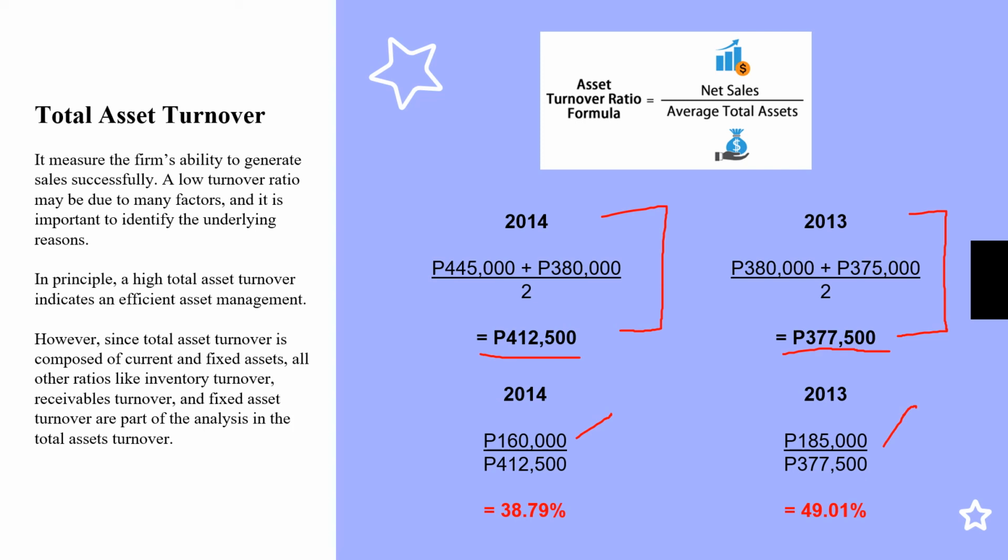So maybe meron konting inefficiency on the part of the firm, or there is a problem to any of its assets such as inventories, receivables, fixed assets, etc. Okay? So dito, the more na mas mataas, in principle, mas maganda daw. Okay? But since, sabi natin kanina, composed ito ng current and fixed assets, so we need to compute further individually yung turnover ratio for inventories, for receivables, and for fixed asset natin.